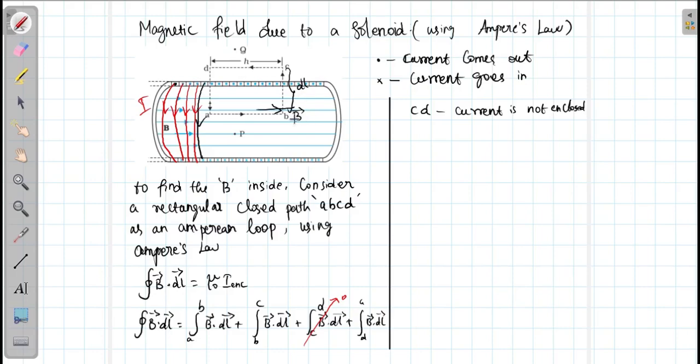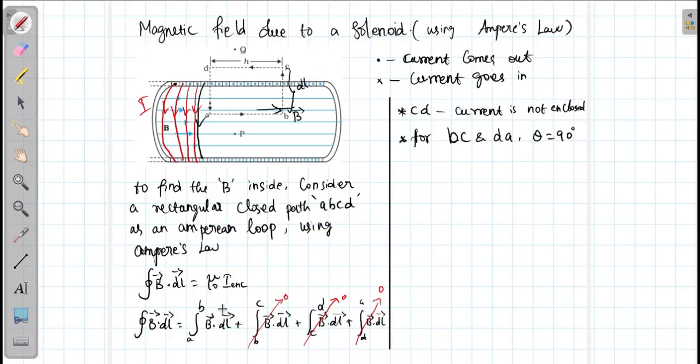So the angle between dl and B for the segments BC and DA is theta equal to 90 degrees. It means these two integrals, BC and DA, are also 0.